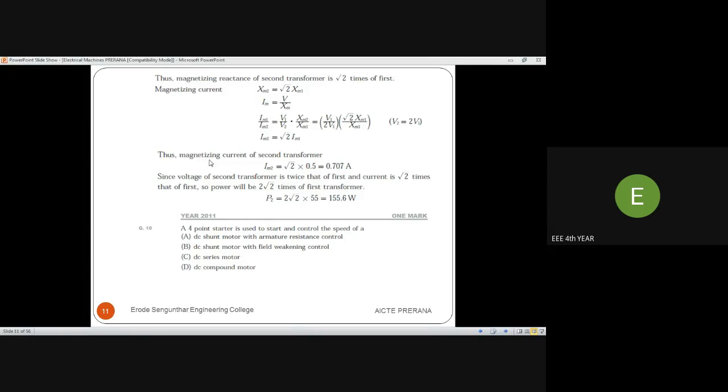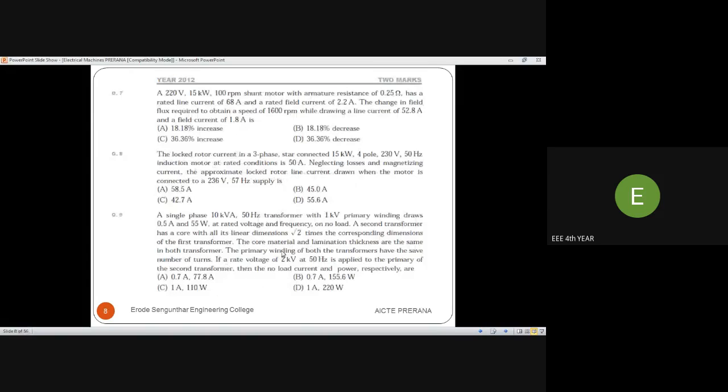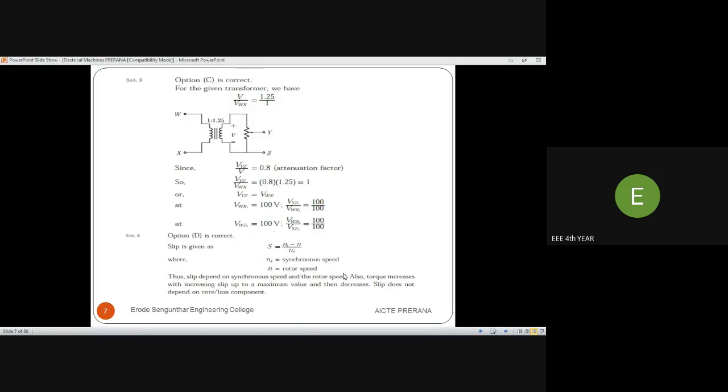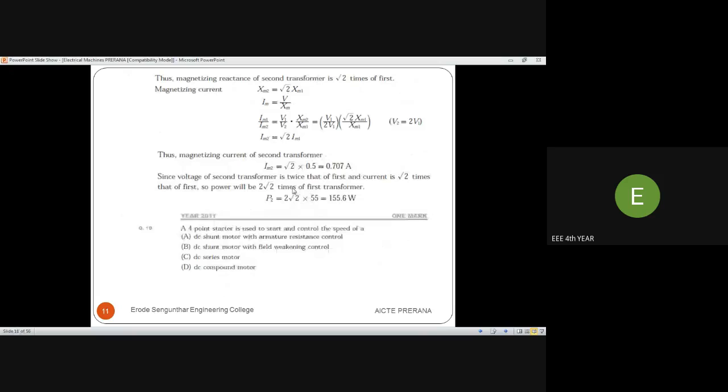We can substitute the magnetizing current of the second transformer to find the no load current and power. The magnetizing current Im2 equals root 2 times the no load current 0.5, so that is 0.707 ampere.